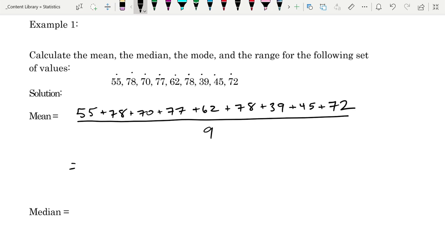Somebody punch with me, and do you get the same number as me on top here? Is that what you got too? Okay, good. And then we divide that by 9. And there we go.